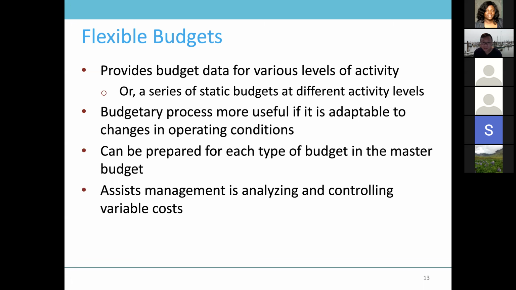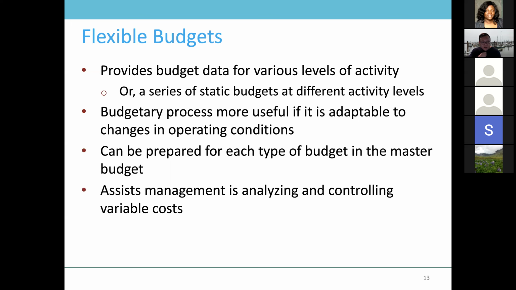Before in your budget, you thought I'm only making 10,000 masks, but then COVID came, you had to make like 50,000. So because the operating conditions changed, your actual result will be different from the budget just because the level of activity has been different. Okay.